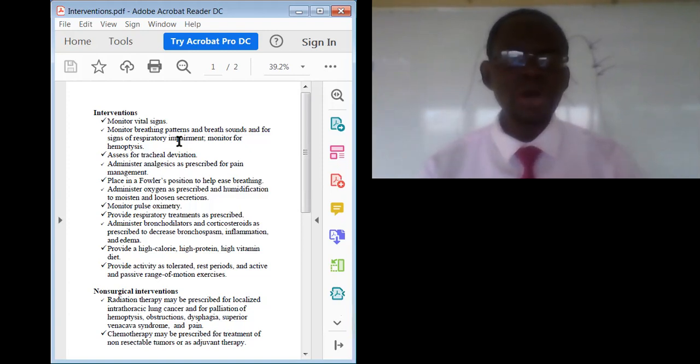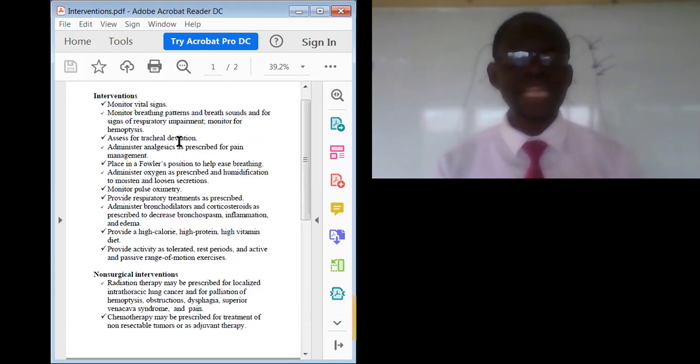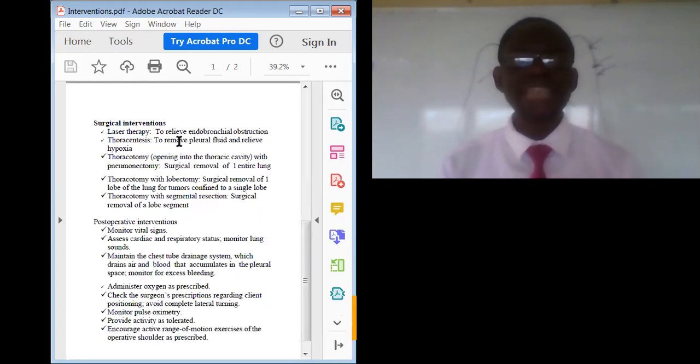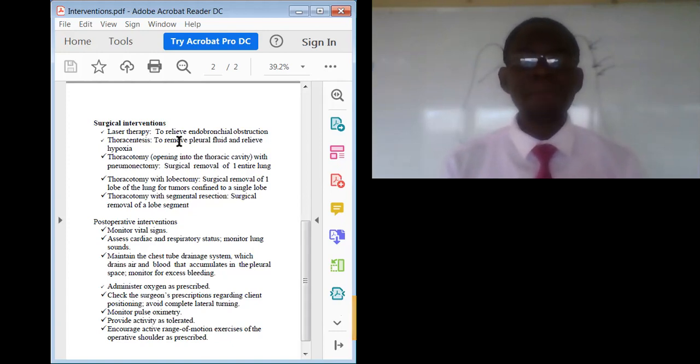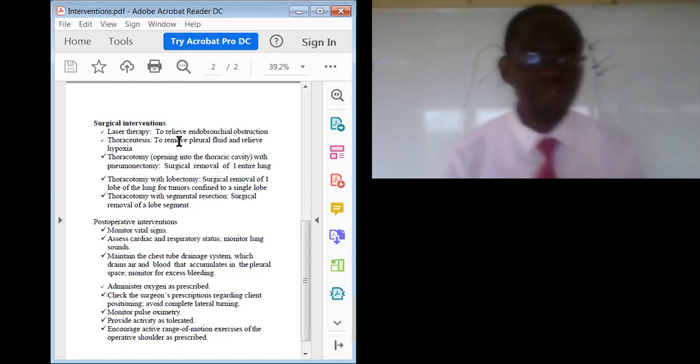And so you do interventions. They are non-surgical interventions, as you can see. And then we also have what we refer to as the surgical interventions. Things like laser therapy, thoracentesis, or what we call the chest tube that we put, thoracotomy, or even lobectomy, where we remove the lobe that is basically affected.